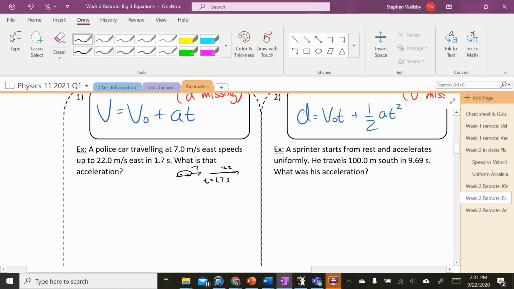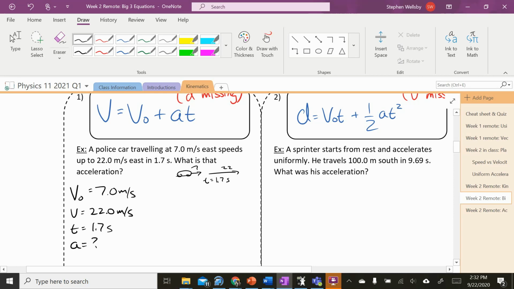So if I'm writing down my information, the V naught in this case is given. This is the 7 meters per second. The final speed is going to be 22 meters per second. And I know my time is equal to 1.7 seconds, and the question's asking me for acceleration.